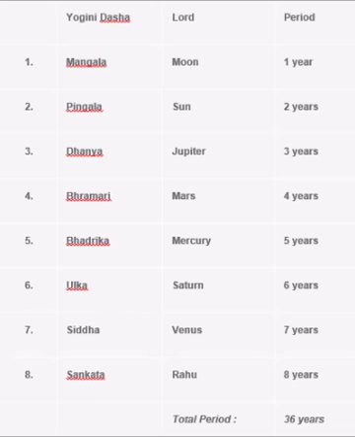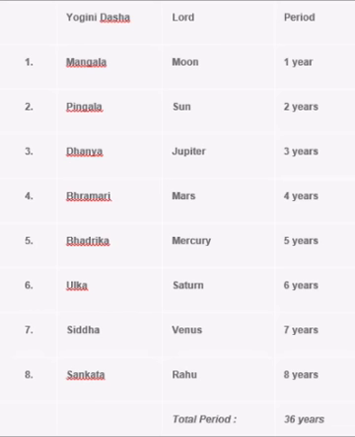Based on that we determine what period is operating. For example, if the moon was placed in the nakshatra of Ketu, the first period when the person starts in this life is the dasha of Ketu, and how much the moon has progressed in that particular nakshatra will determine the balance of the dasha.